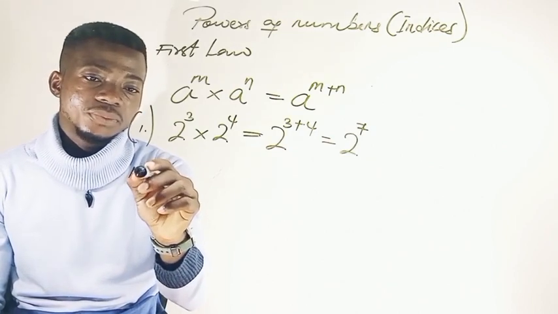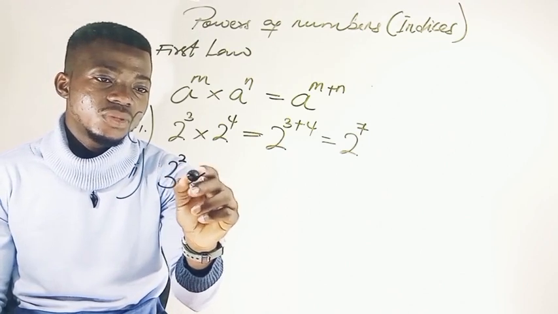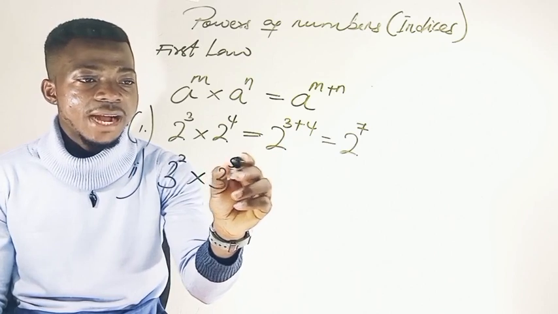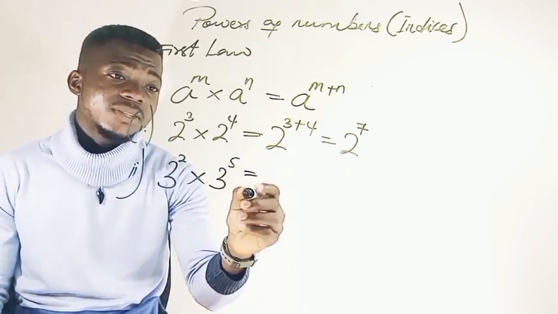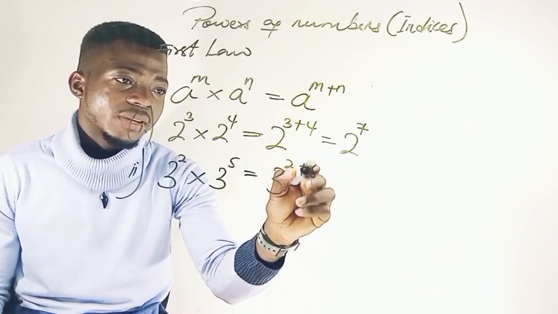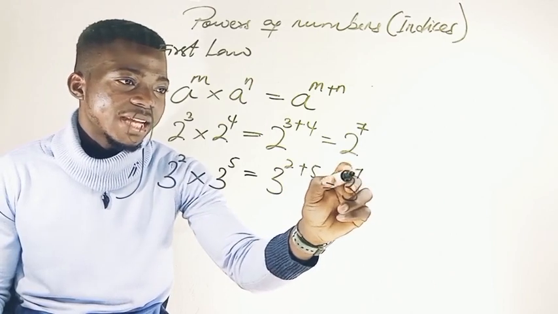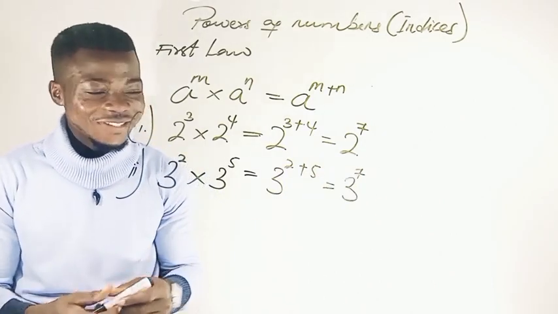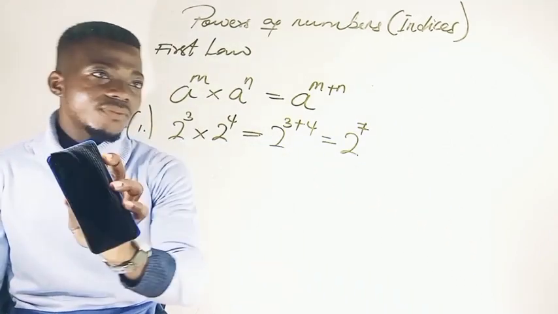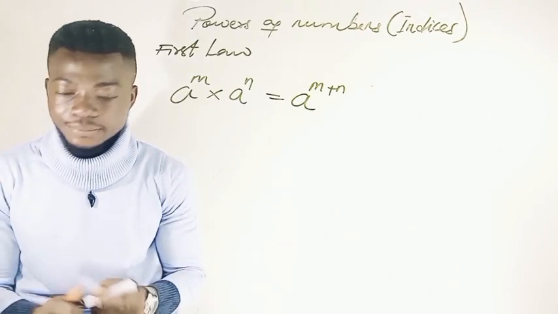Another example: 3 exponent 2 times 3 exponent 5. That is equal to 3 exponent 2 plus 5, which is 3 exponent 7. We can take more examples under this rule, so let's see.